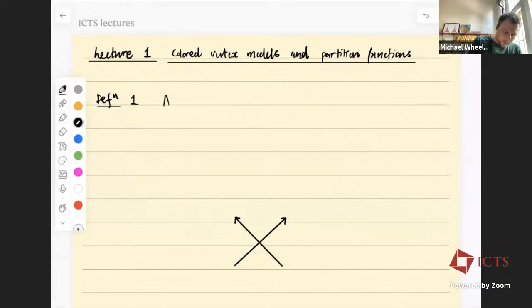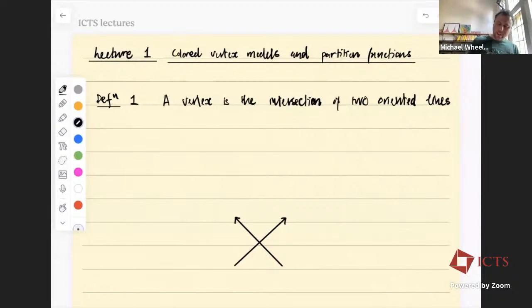So a vertex is the intersection of two oriented lines. So we'll see in a second why the orientation of the lines is important. But it has some extra data associated to it.